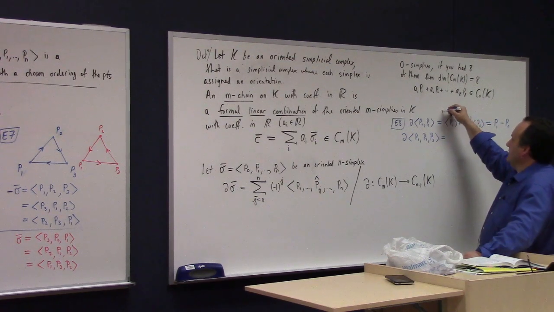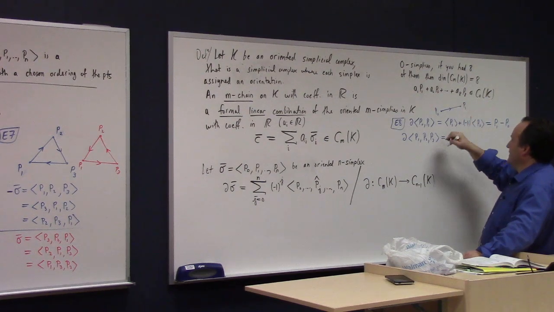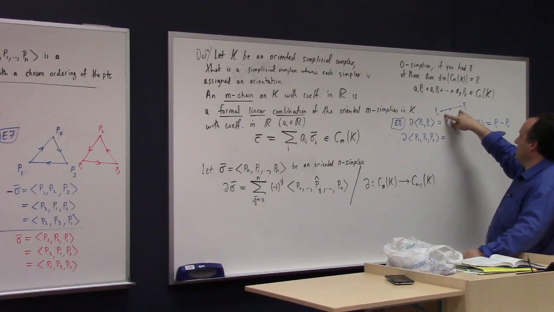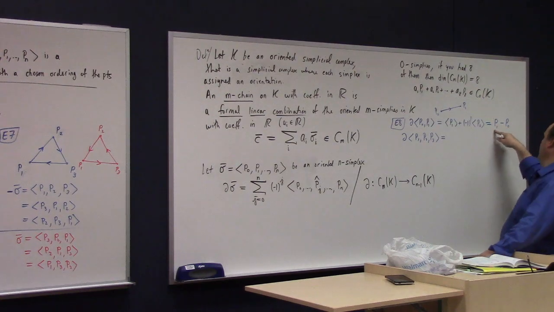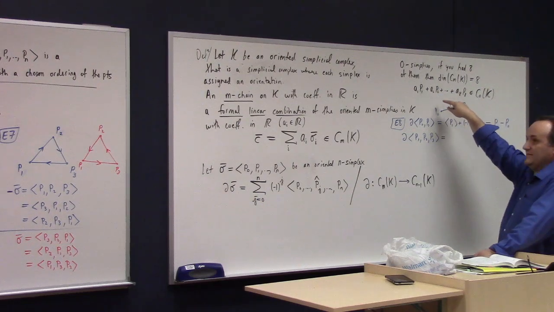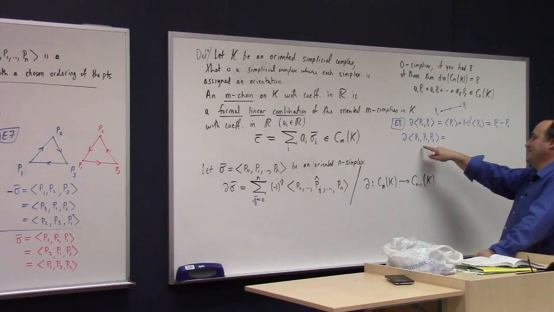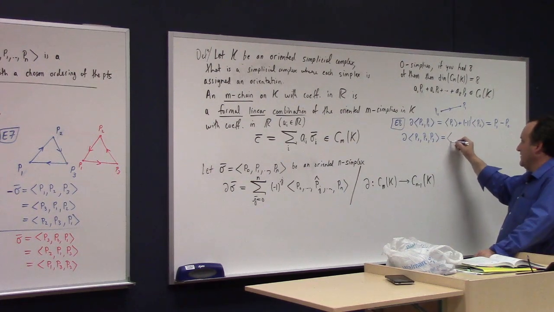Because we're talking about the oriented line segment that starts at P0 and goes to P1. The boundary of the oriented line segment is the last point minus the starting point. This is what you want for the fundamental theorem of calculus. You want the difference of the final point minus the initial point.